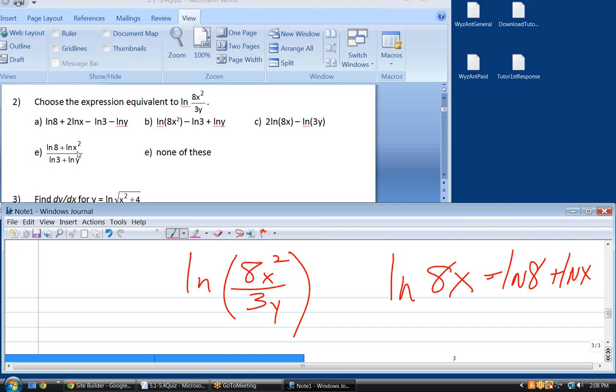A is the same as C, is the same as E. The only one that's different is B, and only because they don't have a parentheses here. So I don't know what to make of this one. Well, that's very peculiar.